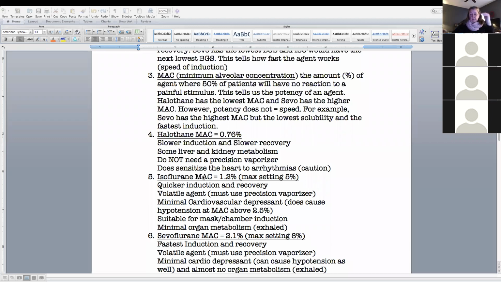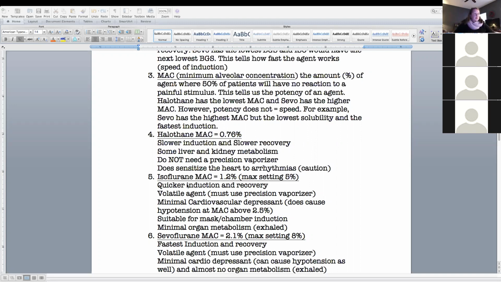We only deliver 5%. That's the max we deliver. So you can see that means it's volatile. It wants to turn to a vapor immediately. If you left the bottle open and came in tomorrow, it would just turn to a vapor and be gone.